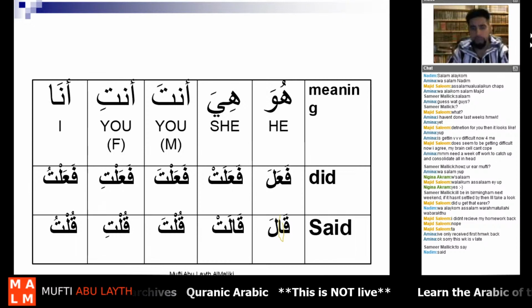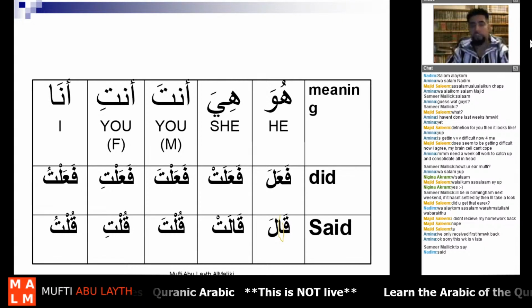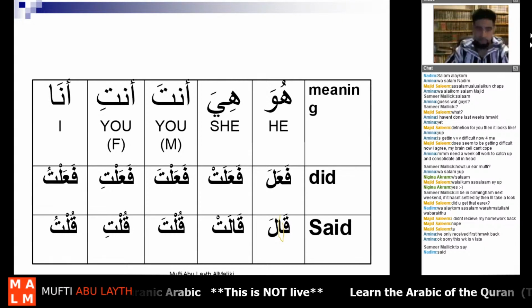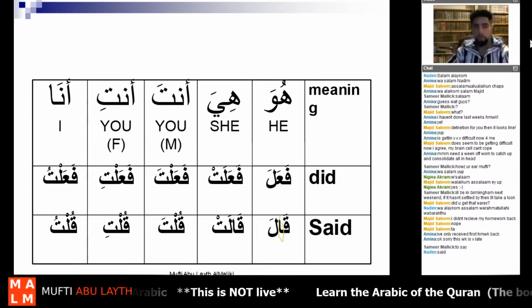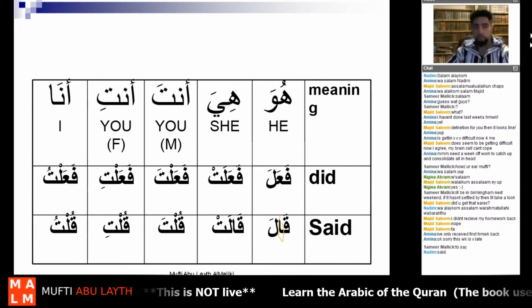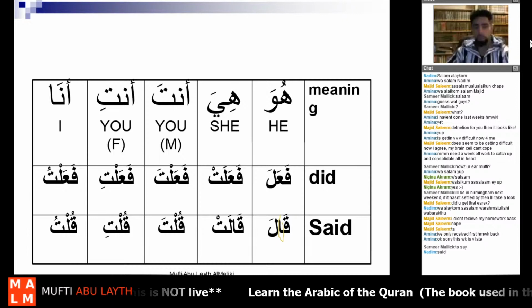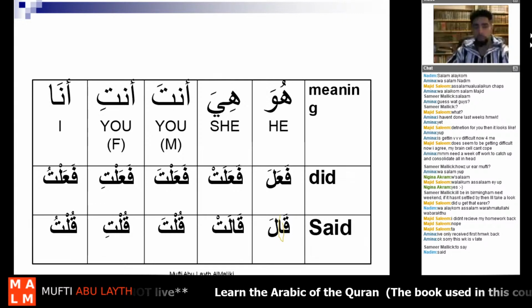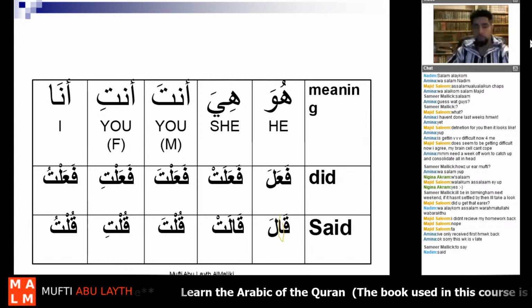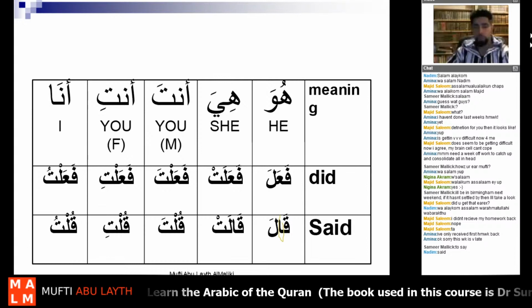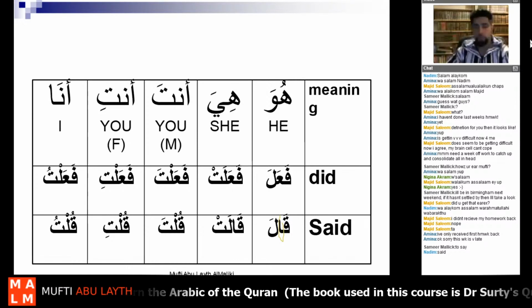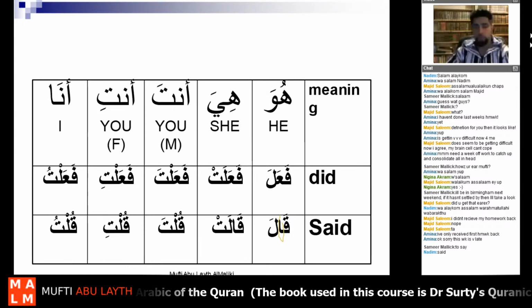You can only add a dhamma if it's a waw. If it's not a waw, you add a kasra. That's what you do. So qulta, qulti, qultu. Once again, qala, qalat, qulta, qulti, qultu. And we did practice some of that last session.